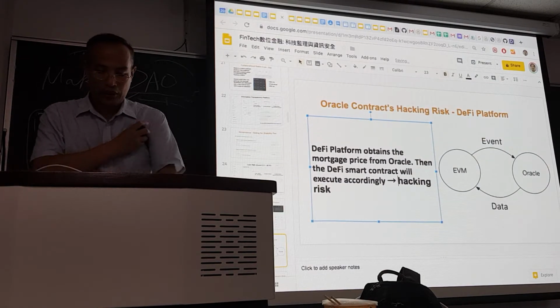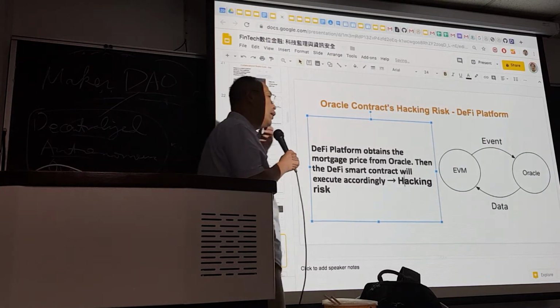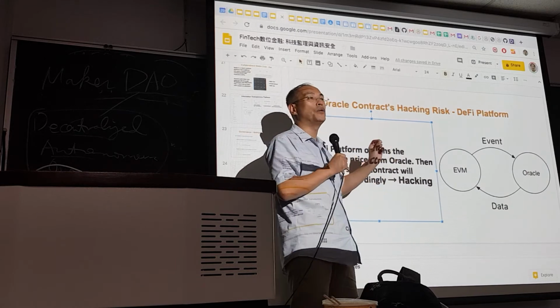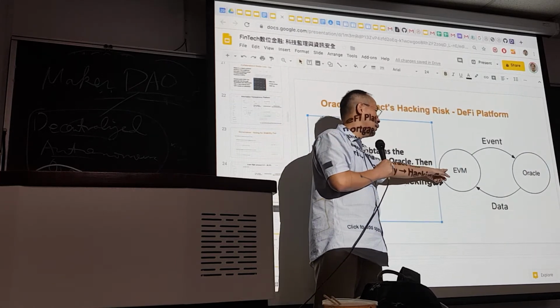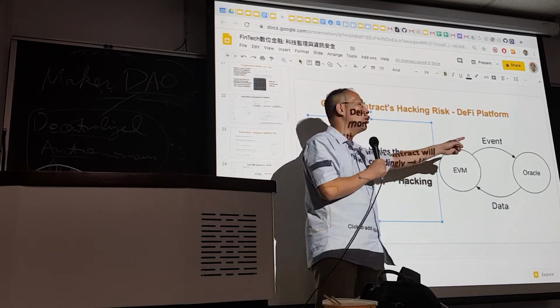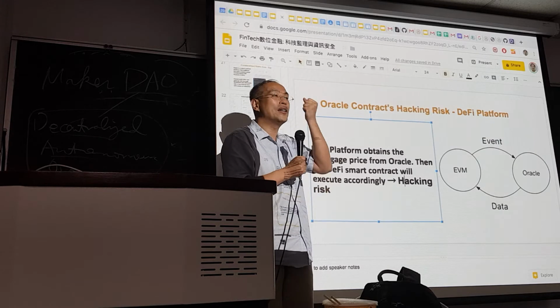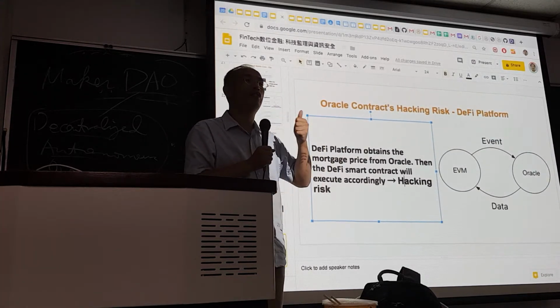Okay, so I'll use the next slide to explain more. Basically, EVM stands for Ethereum Virtual Machine. Your smart contract is executed in the Ethereum virtual machine, and you will use the Oracle to get the data. For example, important data points. What's the price of Ether today?